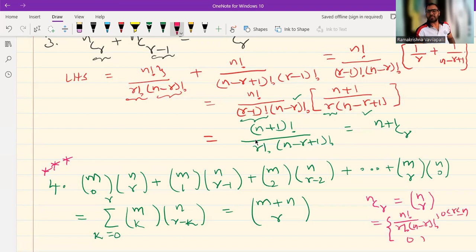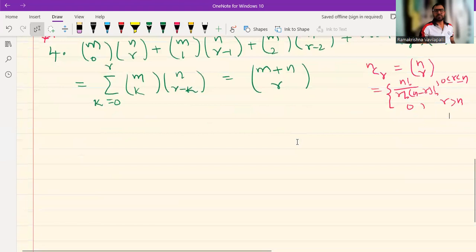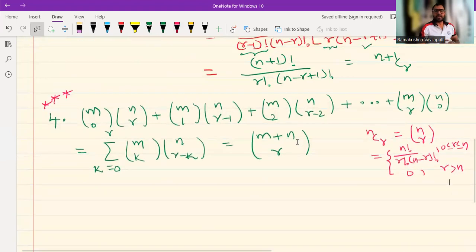And we define this value as 0 if r is greater than n. Now, how do we prove this identity? This identity can be proved using a simple application of permutations and combinations, particularly combinations.